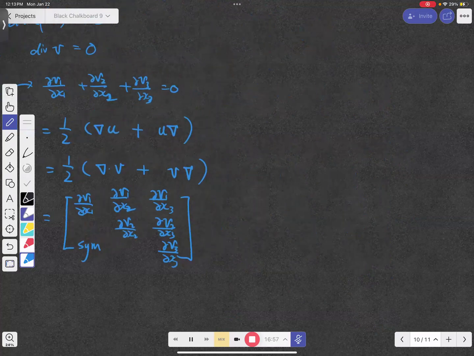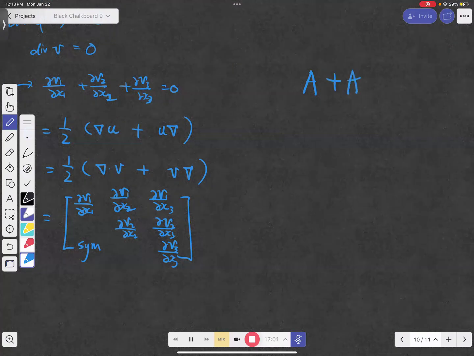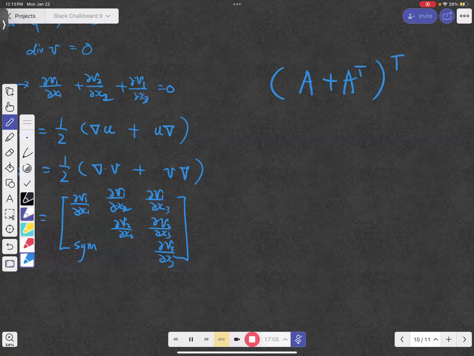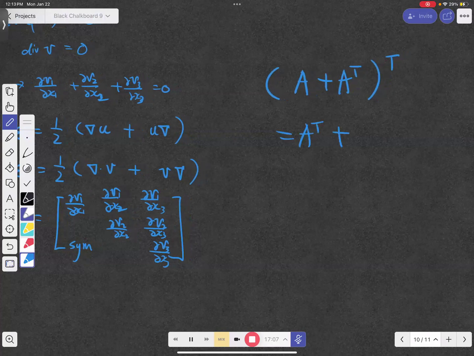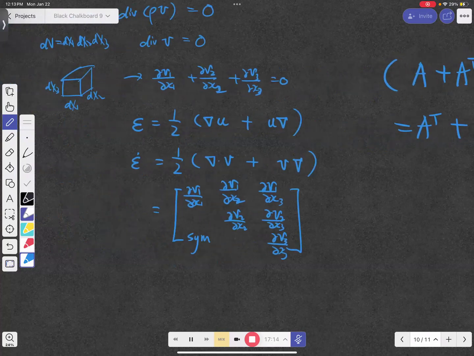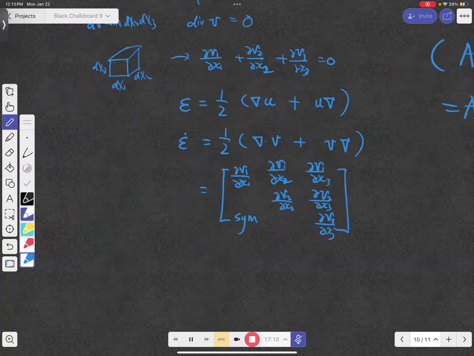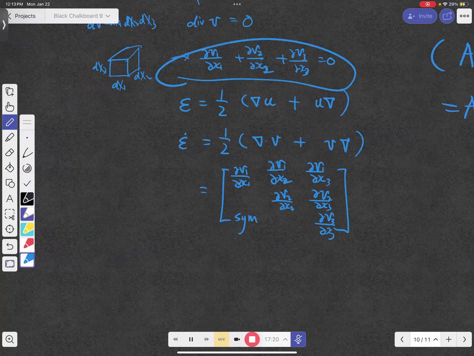Let me do the following. Let's say I have a matrix A and a matrix A transpose. If I take the transpose of A plus A transpose, I get back A plus A transpose, which is the same. So it's always symmetric. What is this equation? It's a trace.